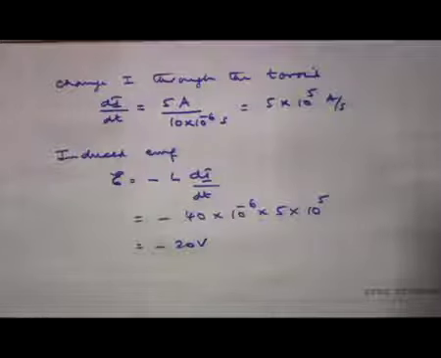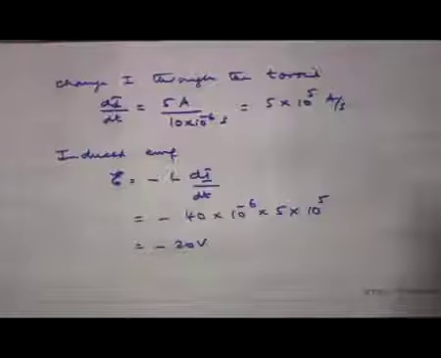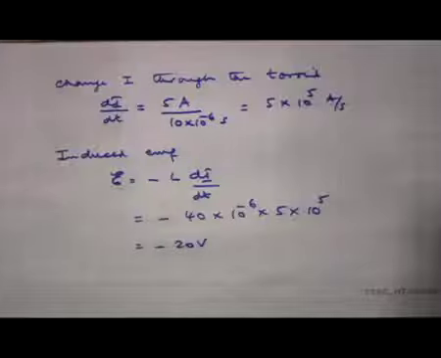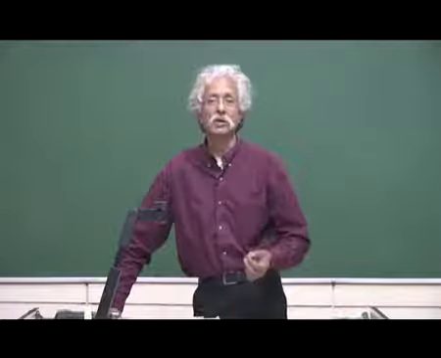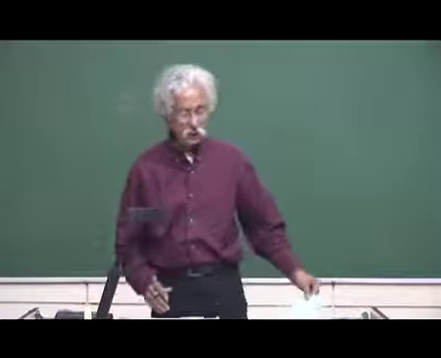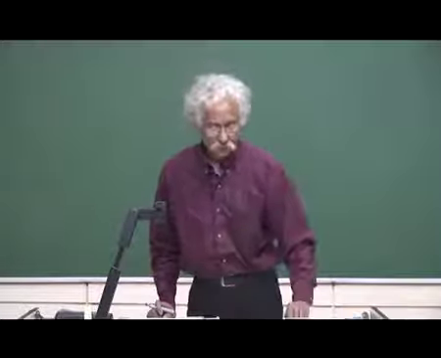So, you will generate an induced EMF of 20 volts across the toroid if you change the current at the rate of 5 amperes in 10 microseconds, and depending on the resistance of the toroid, this induced EMF will generate a current, and one can calculate the kind of current generated once I know the resistance of the coil of the toroid.